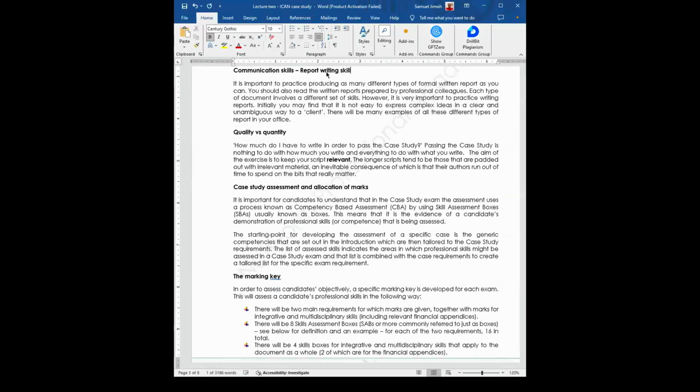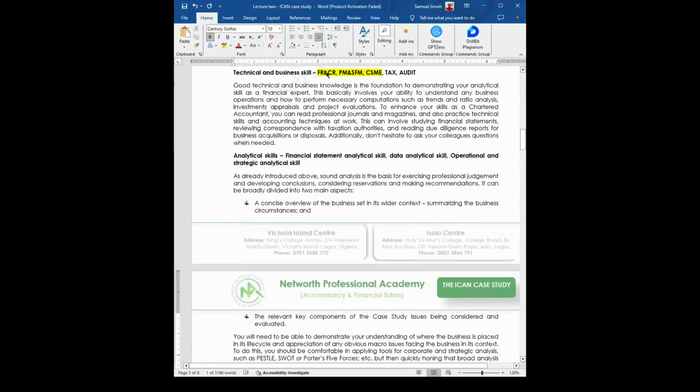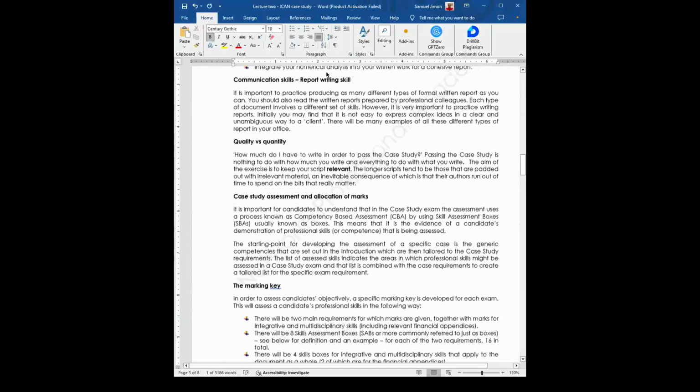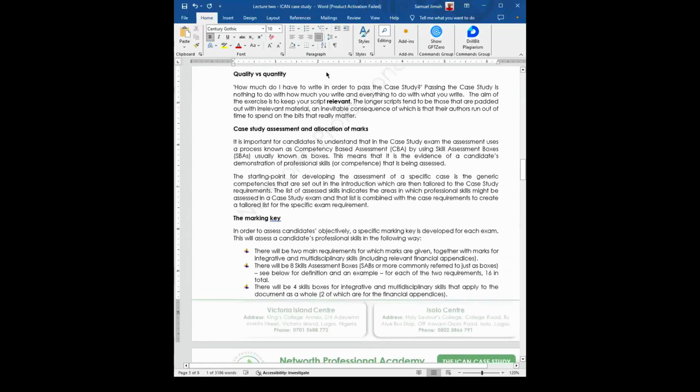So your ability to present your findings, your conclusions, your recommendations in appropriate report format that will fetch you marks, at least marks that will help you pass the exam. So you need this communication skill as well. So three important skills for this exam: the technical and business skill, the analytical skills, and the what? Communication skills.